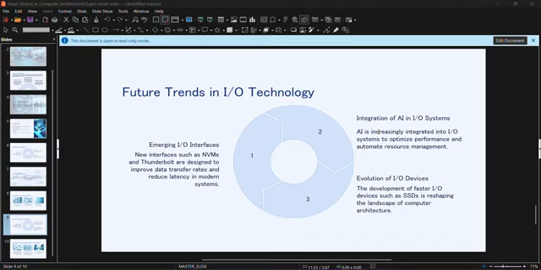A typical example is how we transitioned from the hard disk drive to the solid state drive. That's an evolution of input output devices because the hard disk drive was slower and heavier, but solid state drives are very fast and lighter.